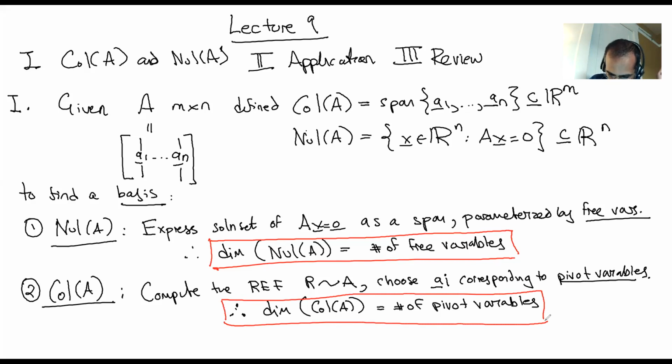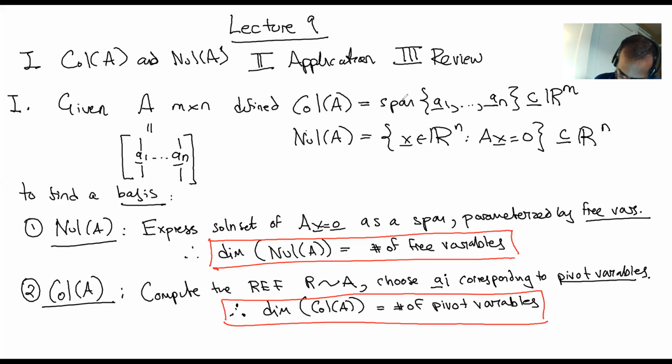The reason is that the number of free variables plus the number of pivot variables in an m by n matrix is just equal to the number of columns, which is n. For any m by n matrix, the sum of these two quantities is the total number of variables, n. This is a very important fact, which we'll talk a lot more about after the midterm, but it comes in handy even for things we've done already.